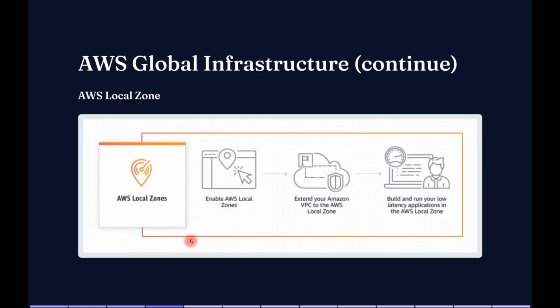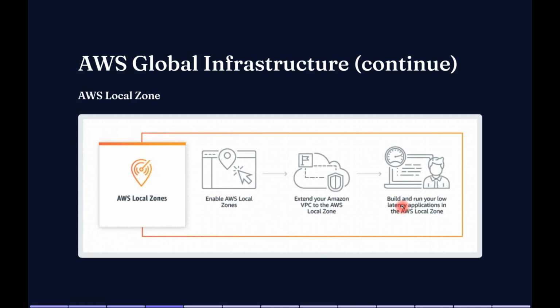Next is the AWS Local Zone. So what exactly is an AWS Local Zone? It's used for running latency-sensitive applications which are needed close to the end user. How does it work? You need to enable the AWS Local Zone, then you can extend your existing AWS VPC, virtual private cloud, to the Local Zone, and then you can build and run your low latency application within that Local Zone.